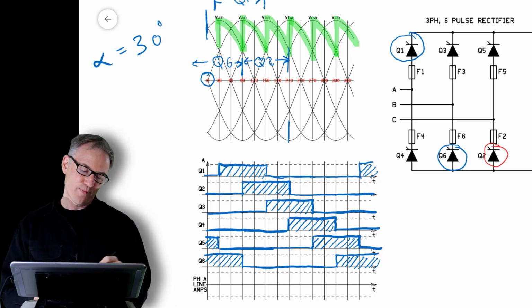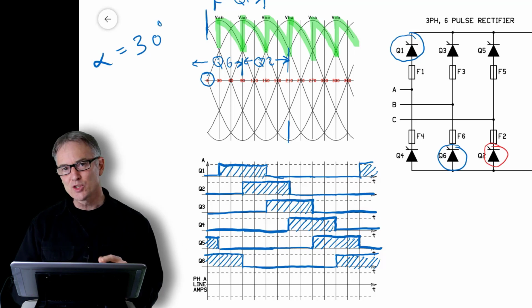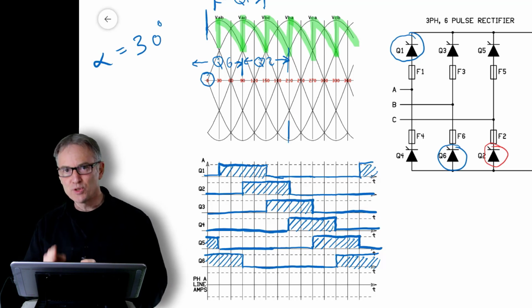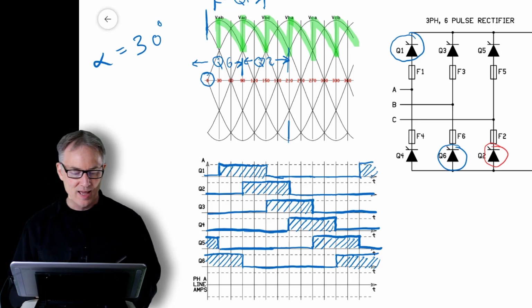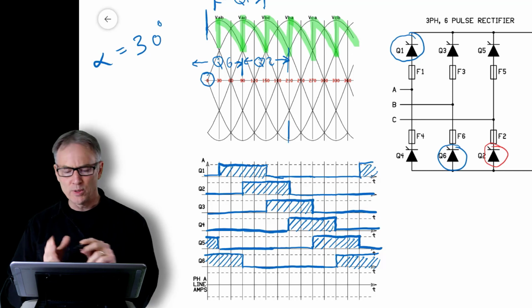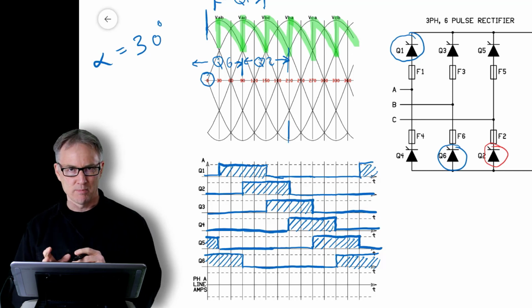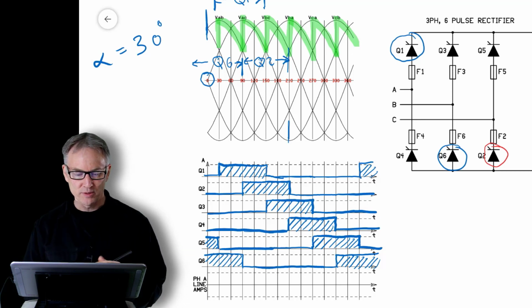If you look at the waveforms, you can see them all moving in the same direction. That shows you that the actual sequence in which those devices commutate from one to the next occurs in the numbering order. So even though it seems a little bit random in the schematic, the number actually represents the sequence of turn on.